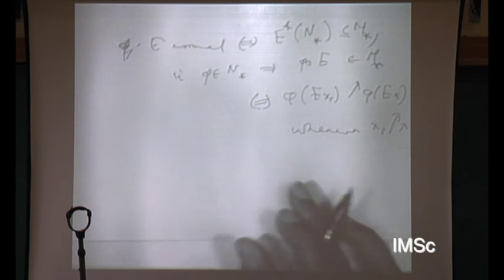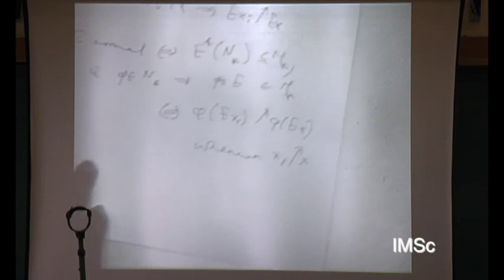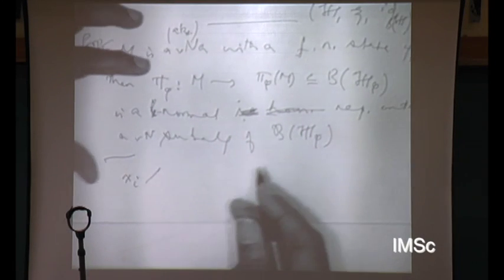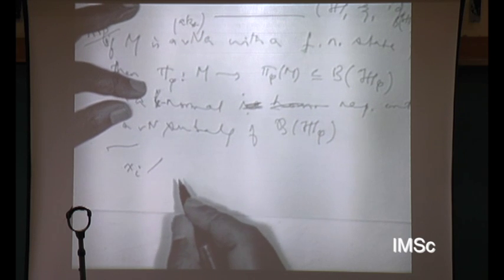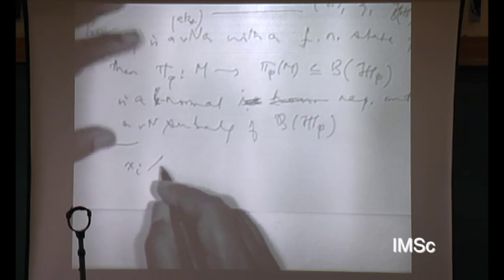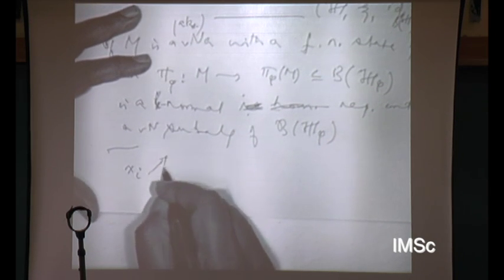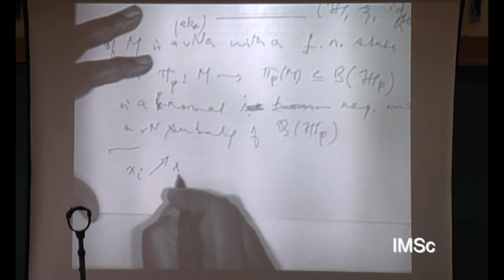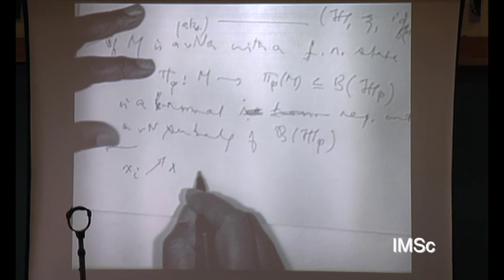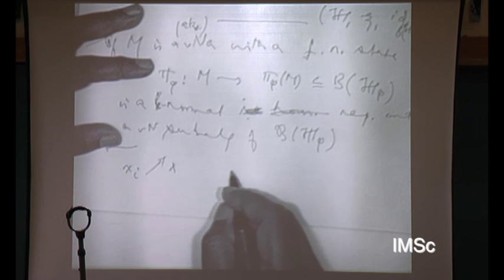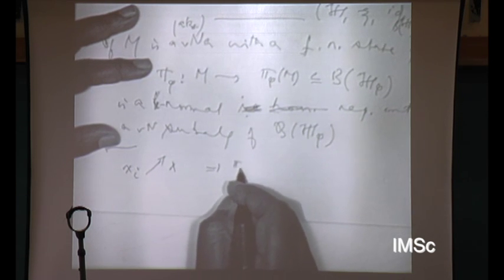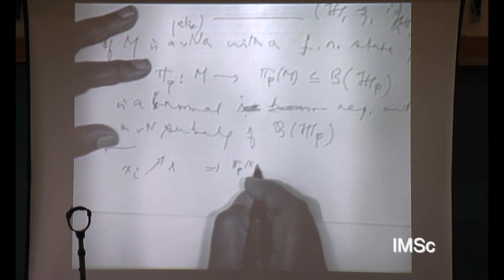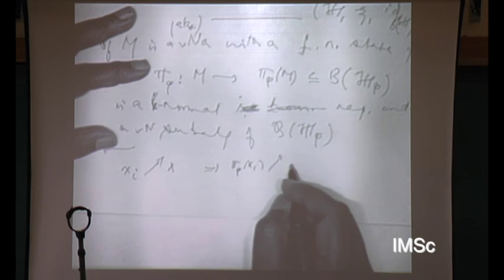Okay, so why I said this was... I want to check that pi phi is normal. So I need to check that if xi increases to x, whether pi phi xi increases to pi phi x.